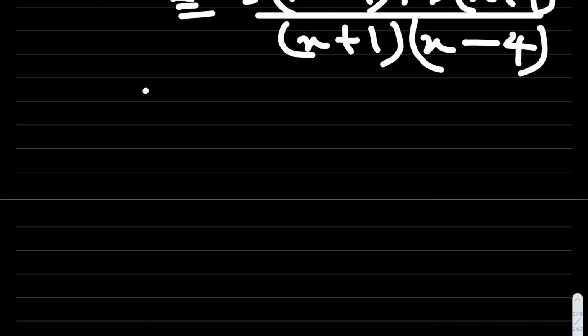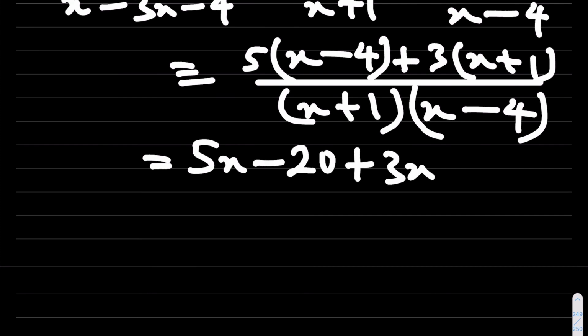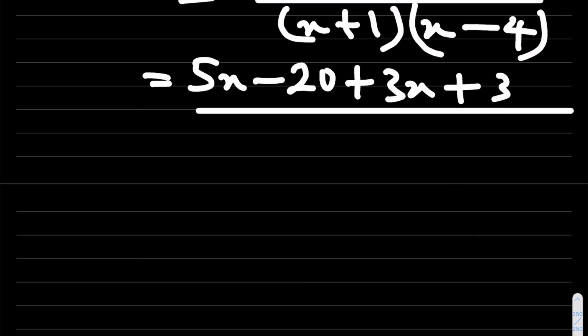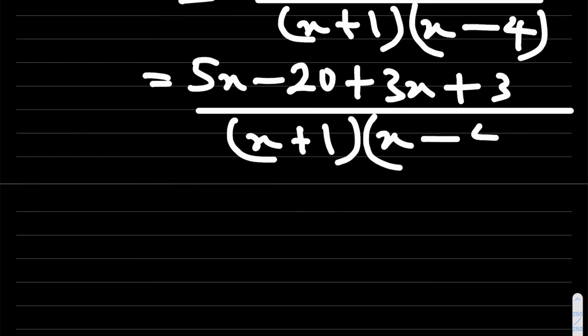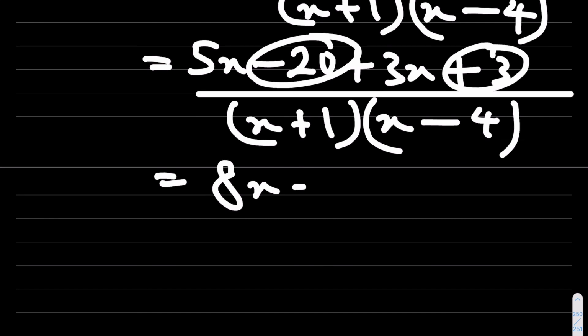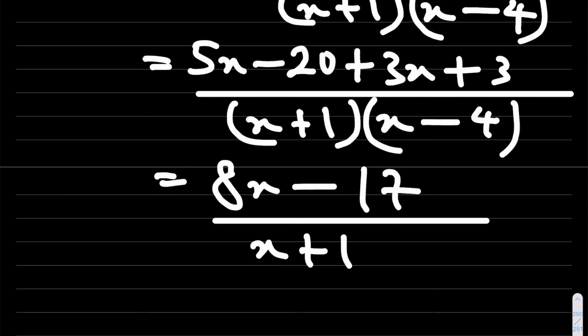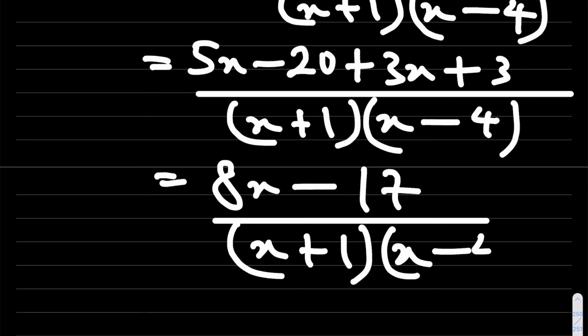And that's equal to, we can now open the bracket, 5x minus 20 plus 3x plus 3 all over x plus 1 times x minus 4. And this simply means 5x plus 3x is 8x, minus 20 plus 3 is minus 17, all over x plus 1 times x minus 4.